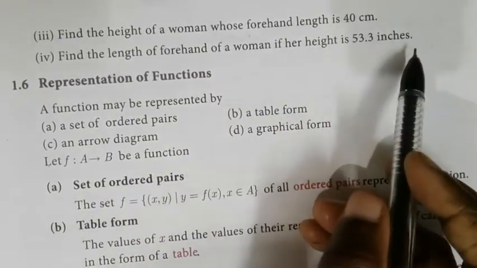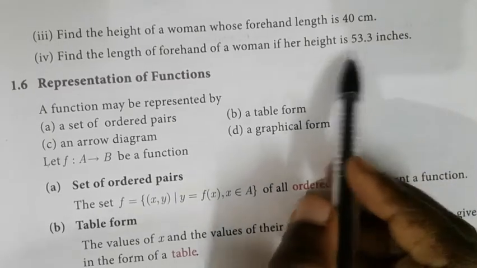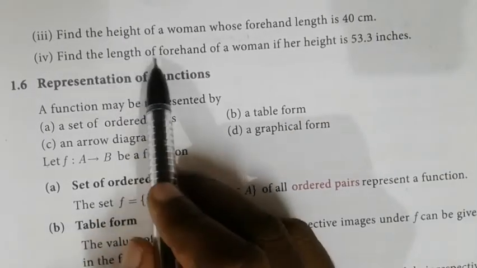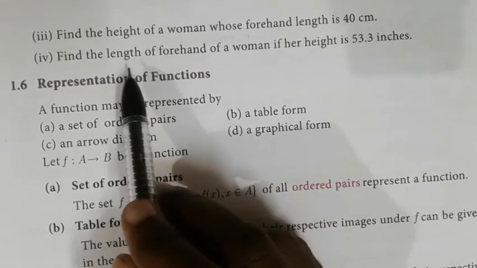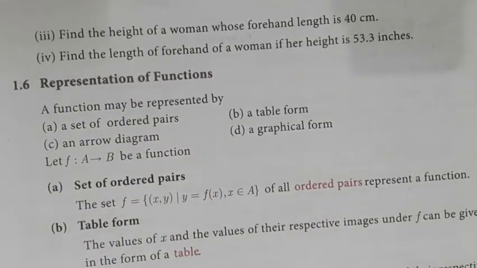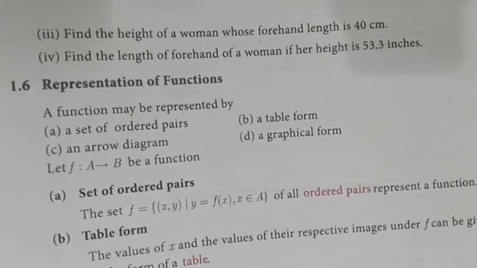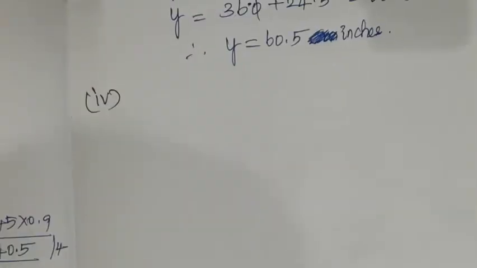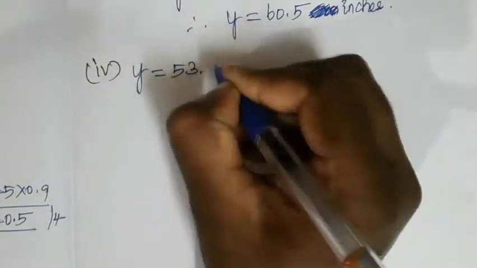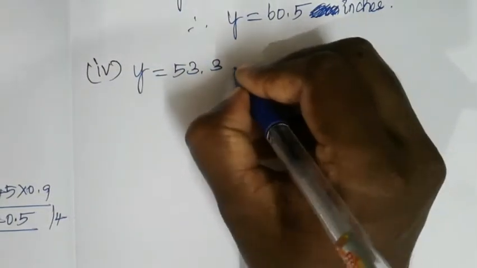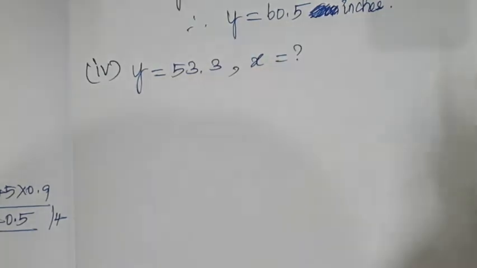Fourth one, find the length of a forehead of a woman if her height is 53.3 inches. Height value as given, which means here Y value as given, length of the forehead of a woman as required. So X is required. So in this problem 53.3 inches, Y value is 53.3. With that help you have to find out what is X value.